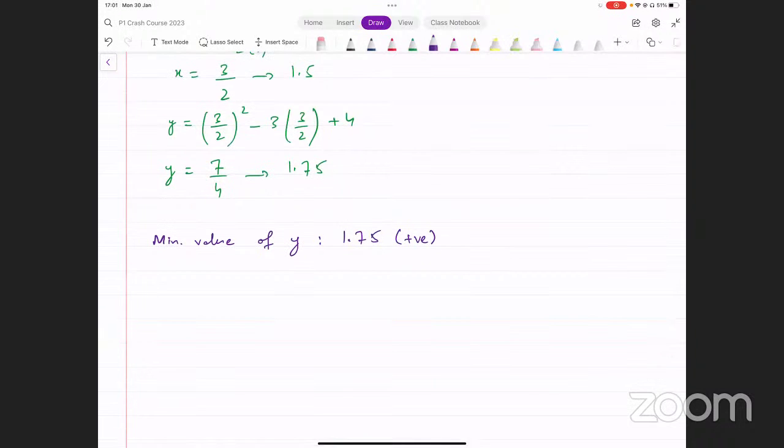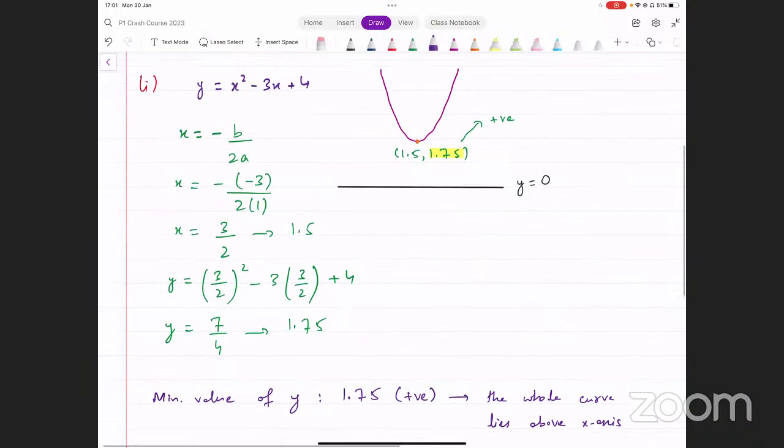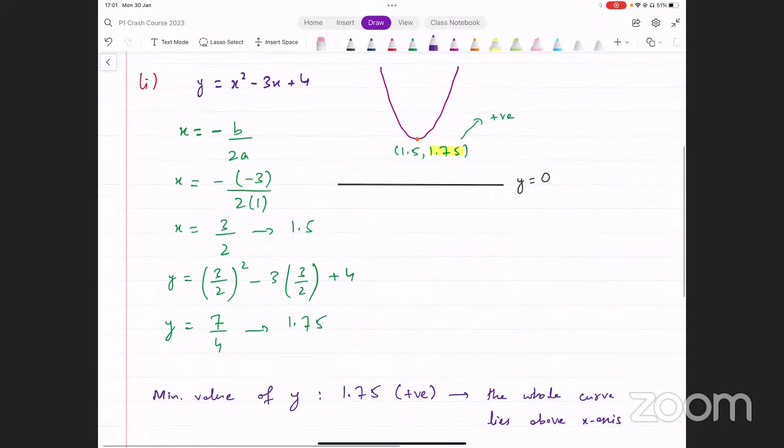So since this is positive, you can say the whole curve lies above the x-axis. This is one idea that you can use here. You could say the whole graph lies above the x-axis because the turning point, the minimum point, is above the x-axis.